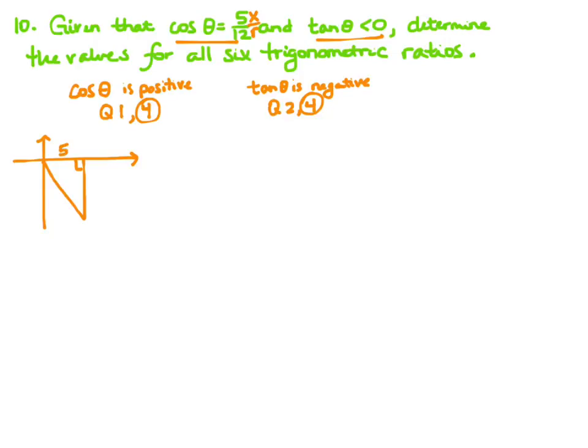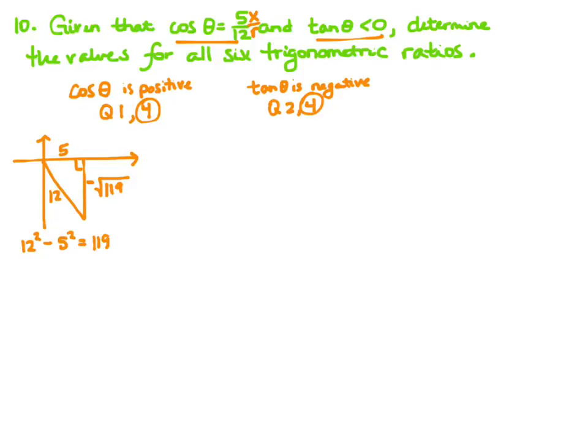So this side is 5 and this side is 12. To find the other side, I'm going to do 12 squared minus 5 squared, and that equals 119. And so this side would be the square root of 119. And since we're in quadrant 4 and it's the y side, it's going to be negative.